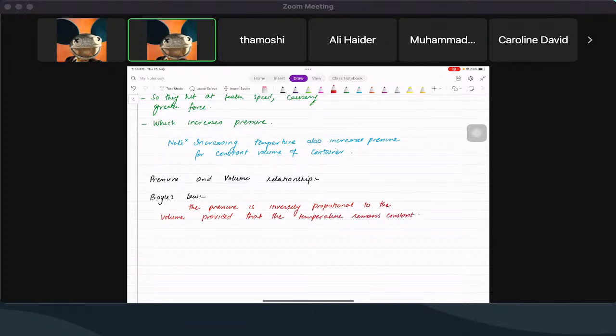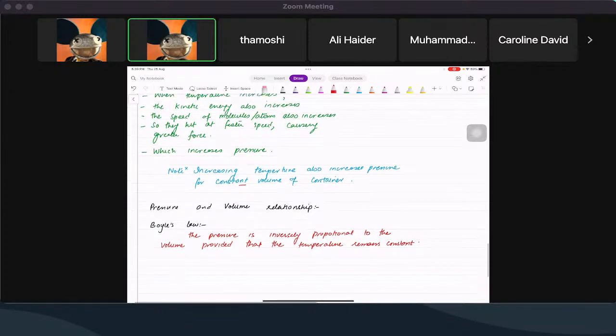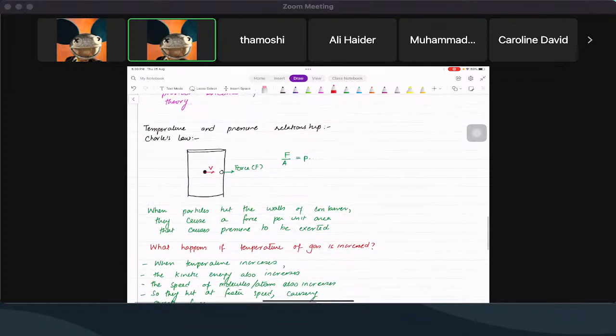In Charles' law, temperature and pressure were directly proportional if there was constant volume. In this one, pressure and volume are inversely proportional if it's constant temperature. Is it clear, everybody? Okay, let me write it here.